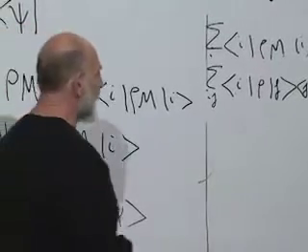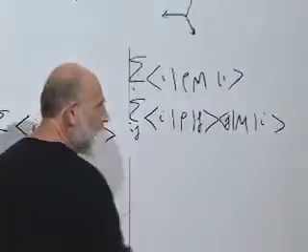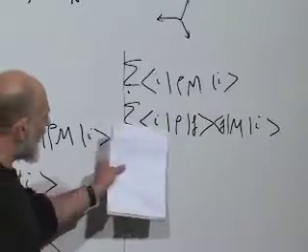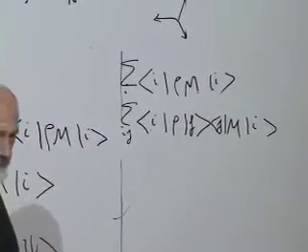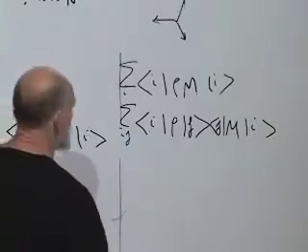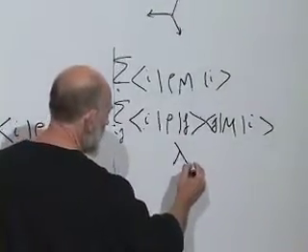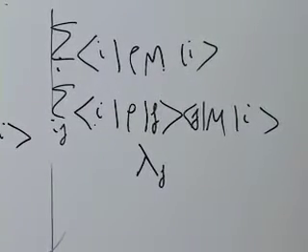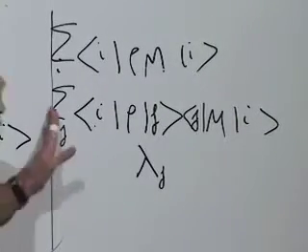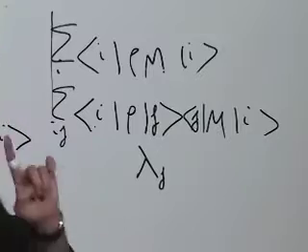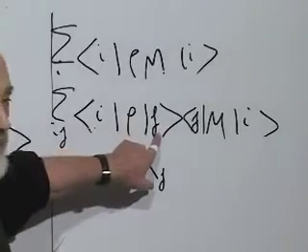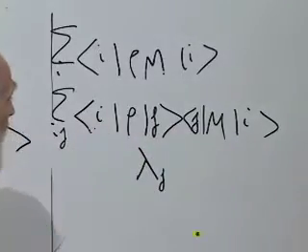Since rho is diagonal, this object only has a matrix element if I is equal to j, and then the matrix element is just lambda j, the eigenvalue. So the sum over I and j becomes a sum only over one of them, and let's take it to be j, because I has to equal j since rho is diagonal.